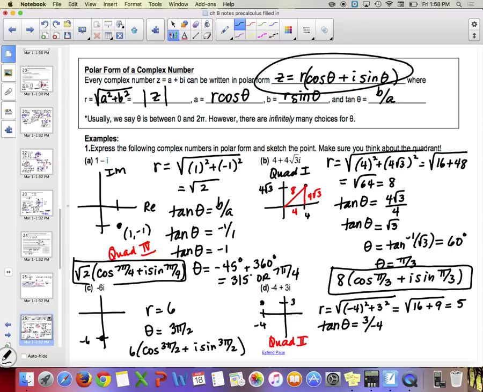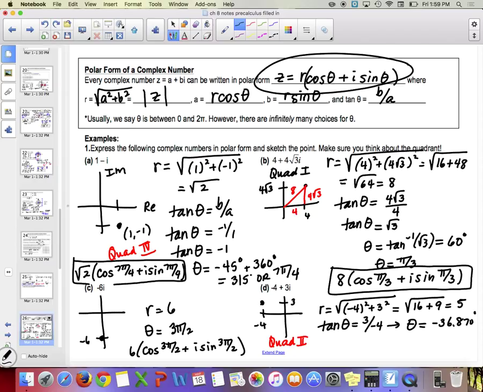So if I make sure my calculator is set in degree mode, so you guys can try it along with me, and I do inverse tangent of -3/4, or 3 over -4, I get theta is equal to -36.870 degrees.